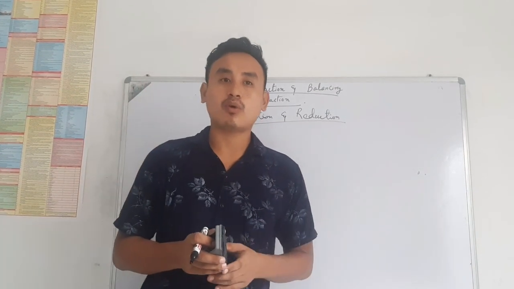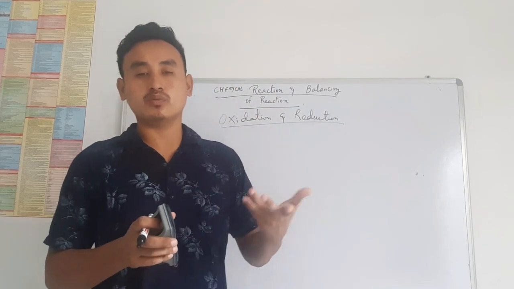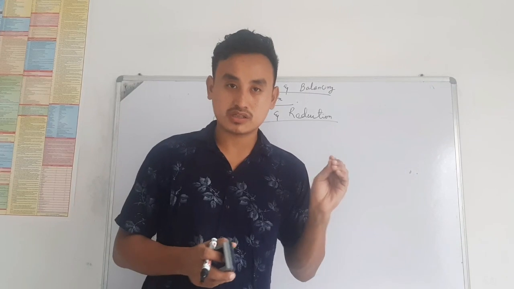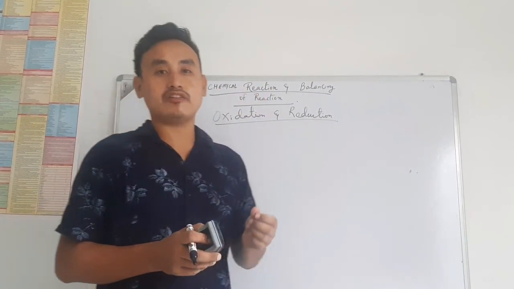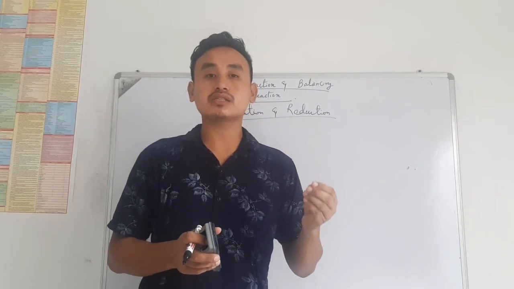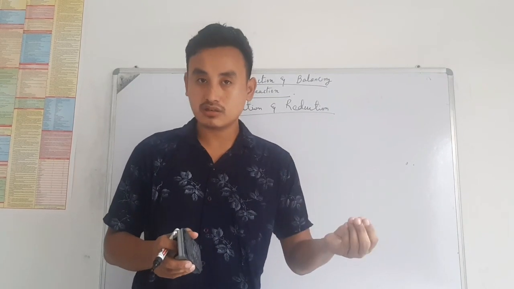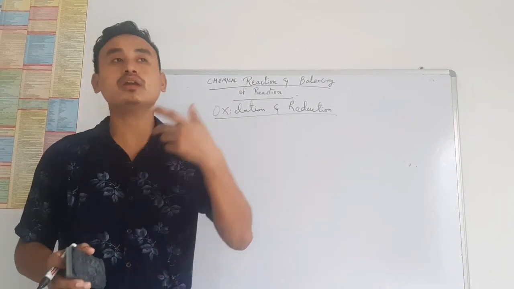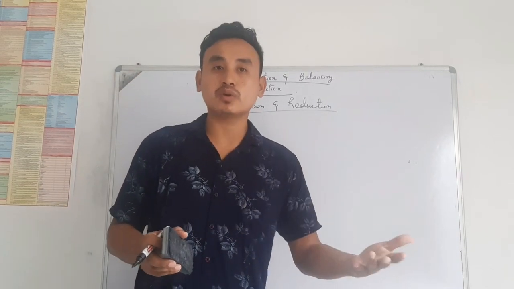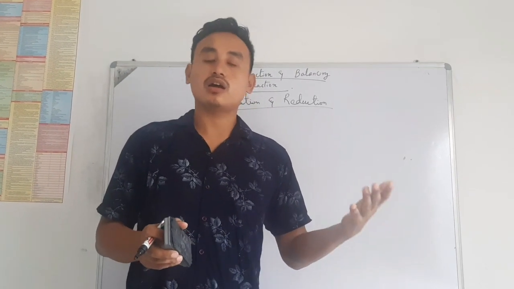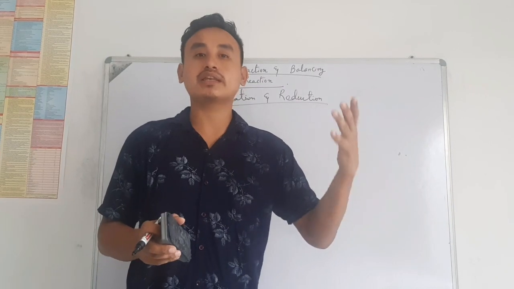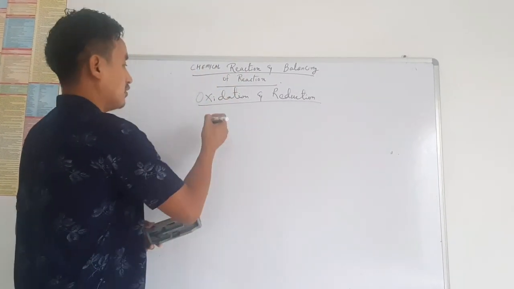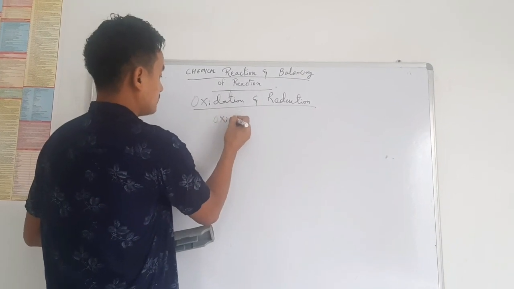In certain modern textbooks, oxidation involves the losing of electrons. Reduction means losing of oxygen or gaining of hydrogen, or in the newer definition, reduction is the process involving gaining of electrons. I will show you some examples for oxidation.